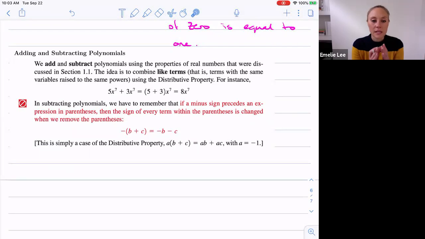You always want to collect like terms. Remember, you're dealing with powers, so exponents, and we know how to deal with exponents now. If we've got something like 5x to the 7 plus 3x to the 7, I can pull out that common x to the 7 and have the 5 plus 3 in front as my new coefficient, putting me at 8x to the 7.